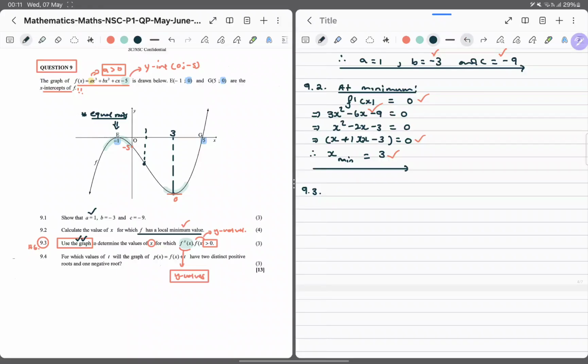x at the point of inflection, x at POI. Sometimes you can abbreviate it like this. Remember, try to say something so that we can understand when you finally use the abbreviation, because this can simply mean a point of intersection.